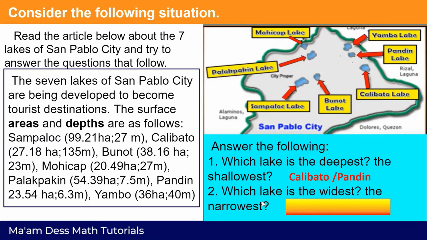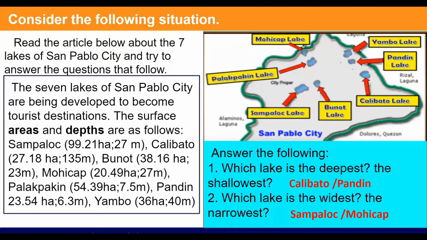Number 2, which lake is the widest, and then the narrowest? Widest means malawak, narrowest means makitid. So we will have Sampaloc and Mohicap. Sampaloc is the widest with 99.21 hectares, and Mohicap is the narrowest, which is 20.49 hectares.